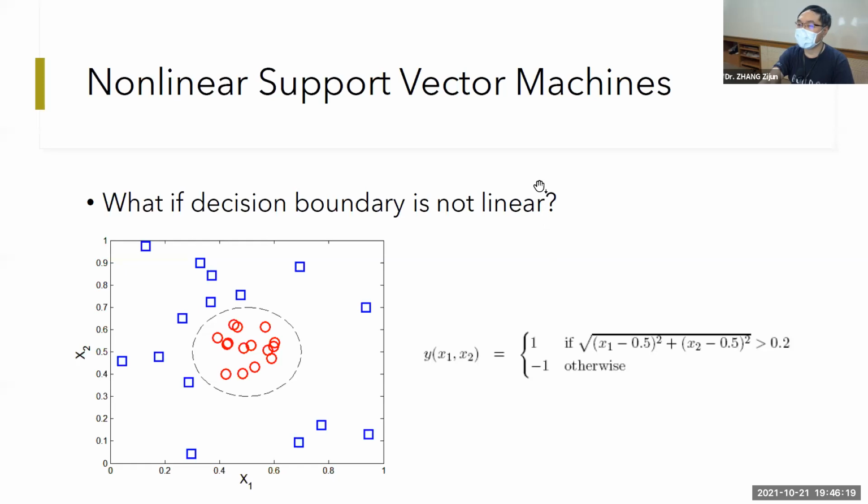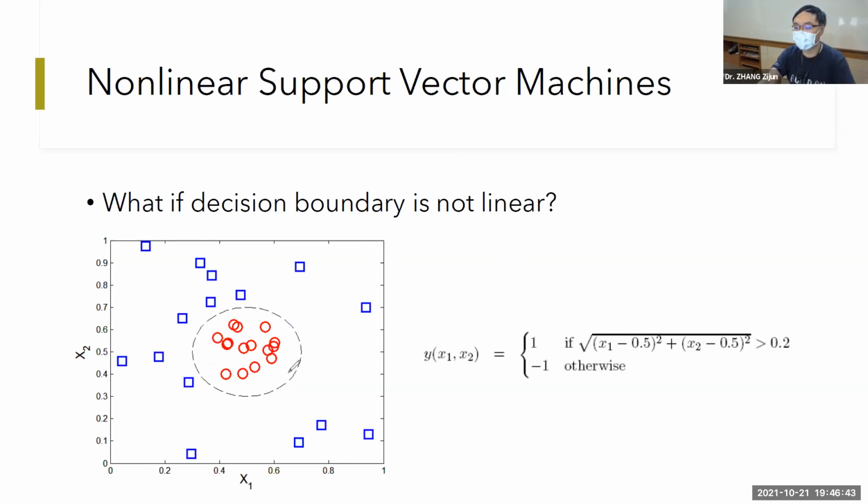So the next scenario is more challenging. Based on this figure, we can see that the data is separable, but we need to apply a nonlinear decision boundary. Here is a circle, okay? A nonlinear decision boundary.